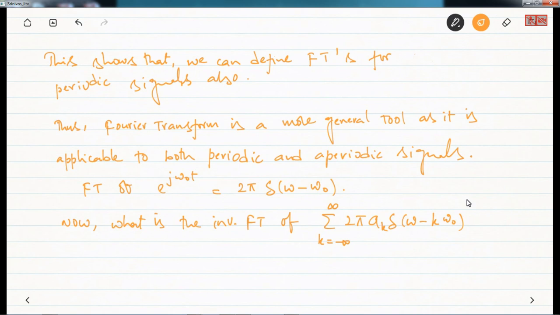We have found the inverse Fourier transform of 2 pi delta of omega minus omega naught.